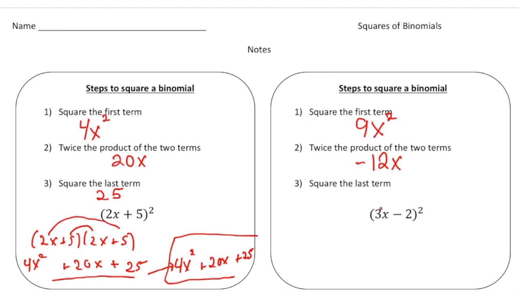And then square the last term. Negative 2 times negative 2 is going to give us 4. Now put them all together. So it's going to be 9x squared minus 12x, and then plus 4. And there it is. So again, if you follow these 3 steps, you can square a binomial fairly quickly.